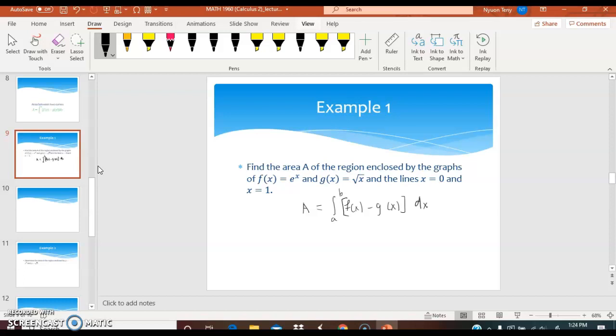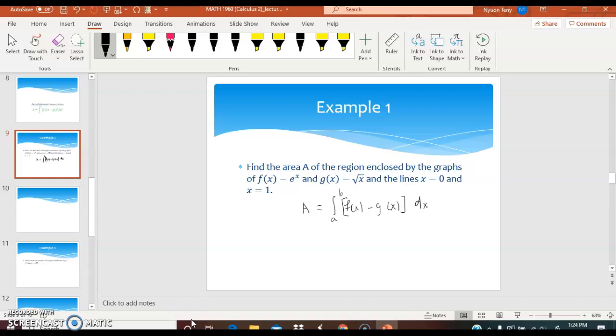First, we don't know what is f of x and what is g of x. Usually f of x is the function above and g of x is the function below. So first we want to graph these two functions, we sketch them.